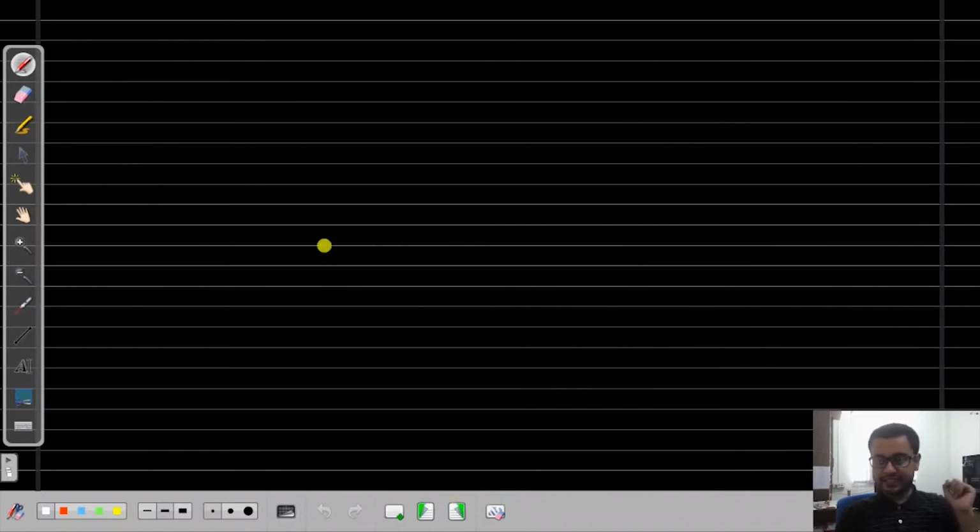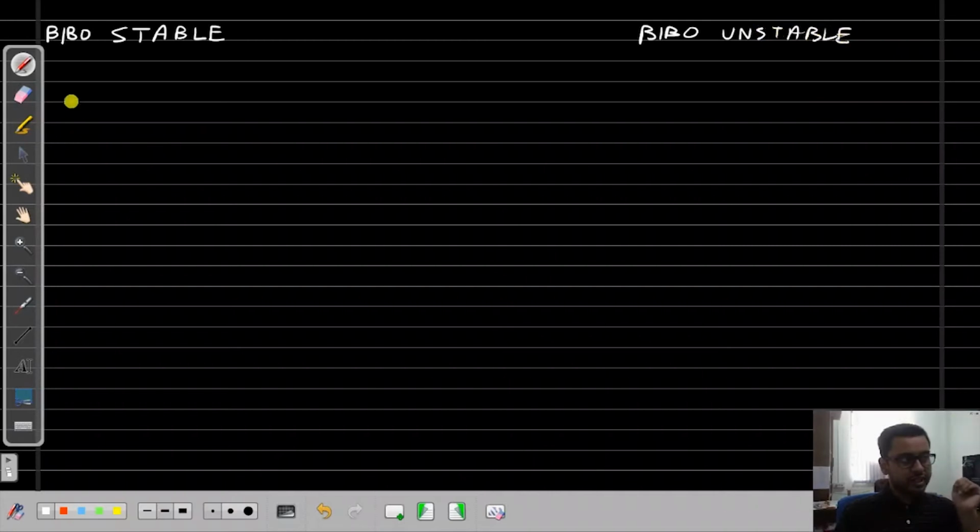Let me give you some interesting examples of a stable, or to be more accurate, BIBO stable system and a BIBO unstable system. Consider you have a bowl like this, and inside the bowl you have a small iron sphere, and here you have an electromagnet, a solenoid.